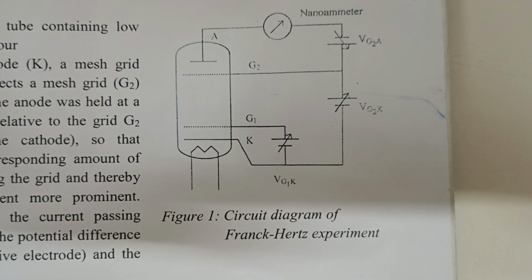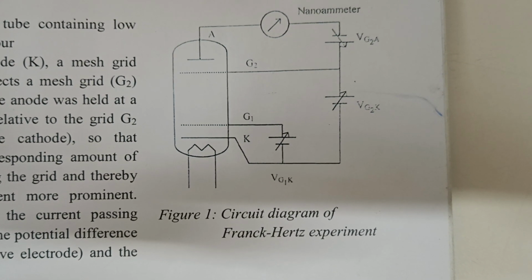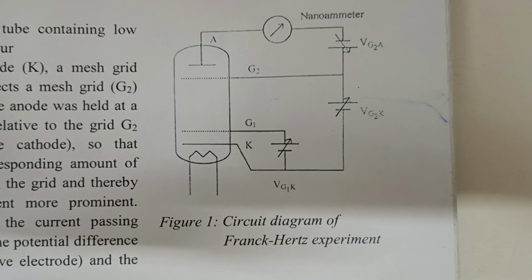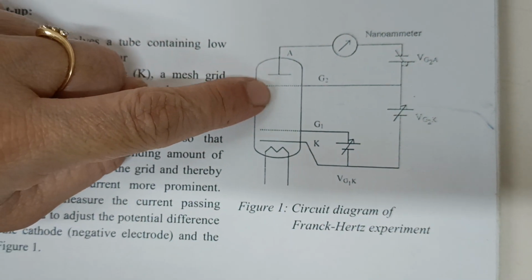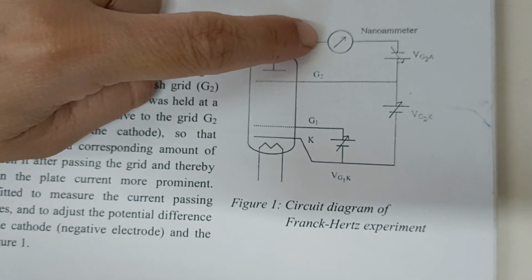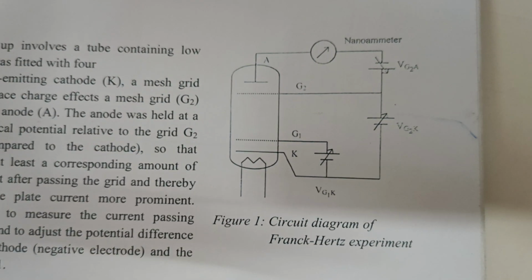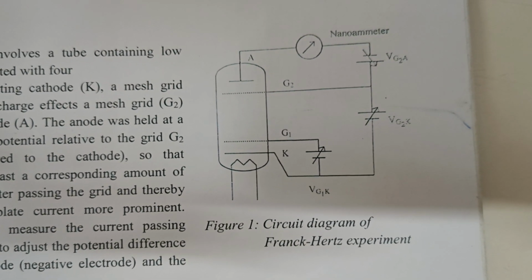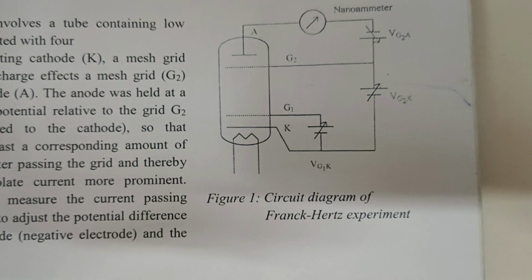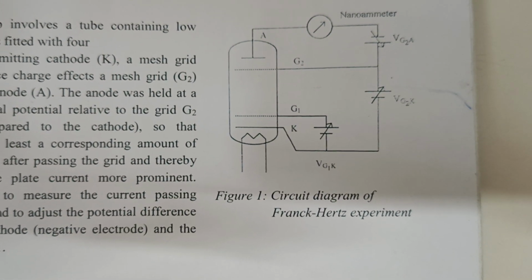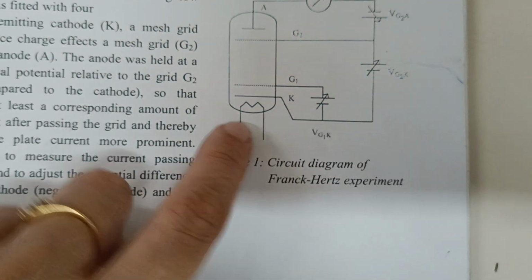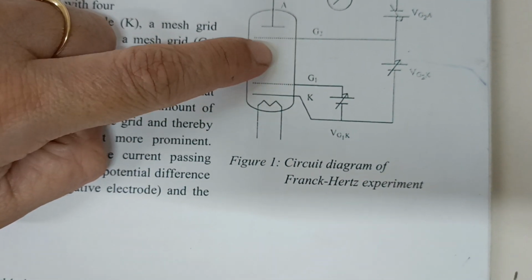Now an ammeter is attached in the circuit of Vg2A, G2 and A. So only those electrons which are able to overcome this gap, or the retarding potential, will flow in this circuit, and we will be able to monitor the current. Now what happens is, as you start increasing the potential Vg2K, more and more electrons are passing through, and they're gaining energy.